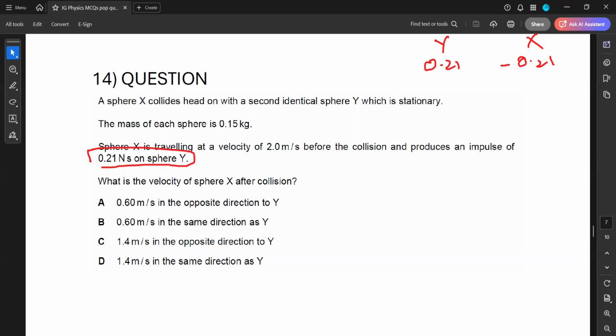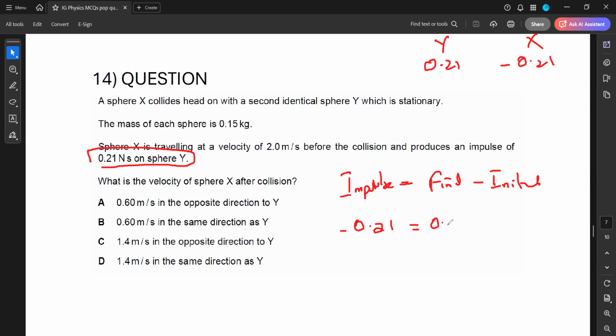So if I solve for X, we have the formula that the impulse for X equals final minus initial momentum. The impulse for X is equal to minus 0.21. What about the final momentum of X? We don't know.